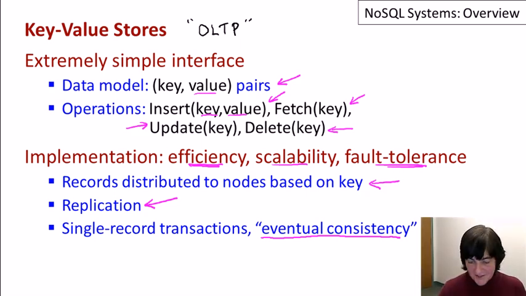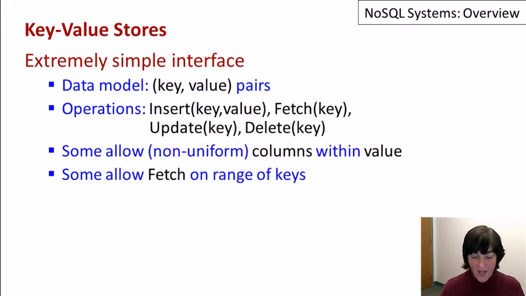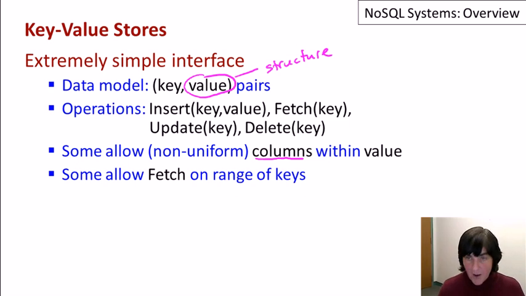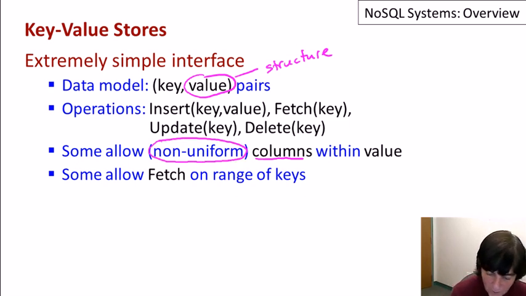Now, unfortunately, as is sometimes the case, these very simple operations and this simple data model weren't always quite enough, and so some key value stores, but not all, I would say, have a concept called columns that occur within the value. So the value has a little bit more structure to it than just a blob of bits. The columns will typically be kind of like embedded key value stores. One thing that's important is they don't require uniform columns.